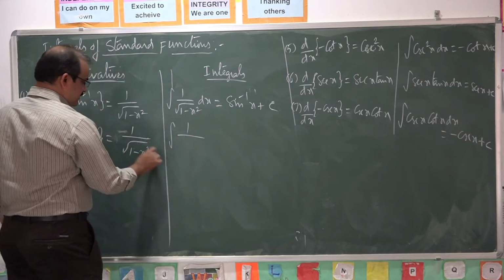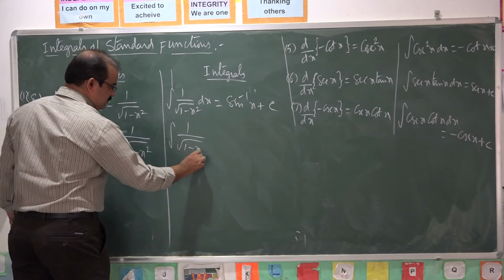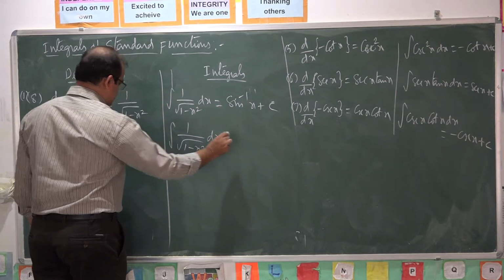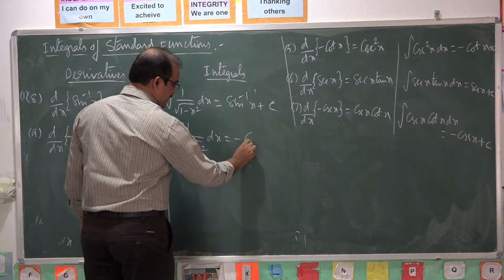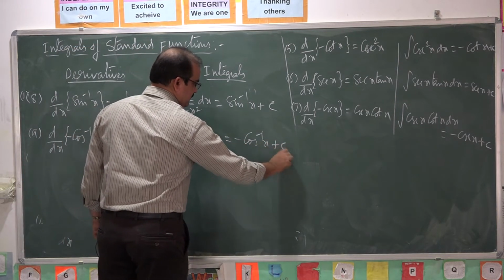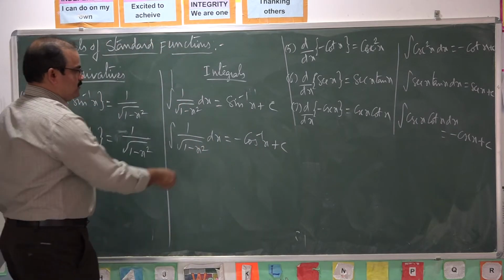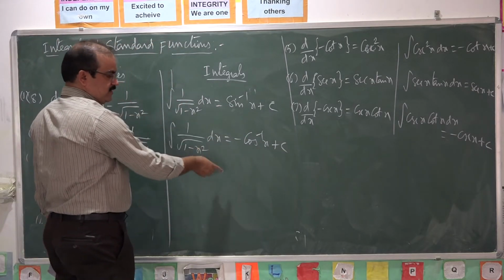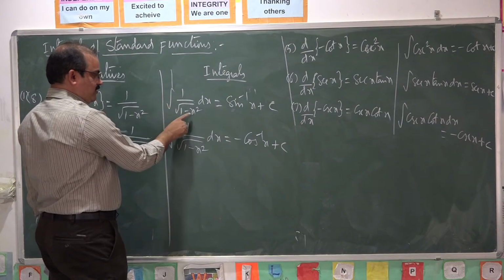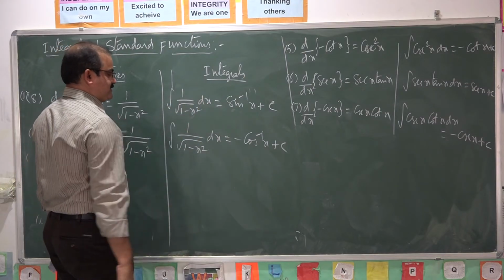From this, integral of 1 by root of 1 minus x square dx is equal to minus cos inverse x plus c. You may take either this formula or this formula for integral of 1 by root of 1 minus x square dx.